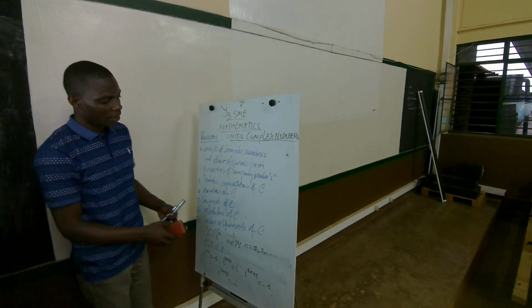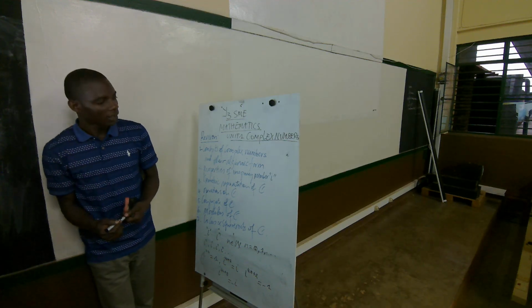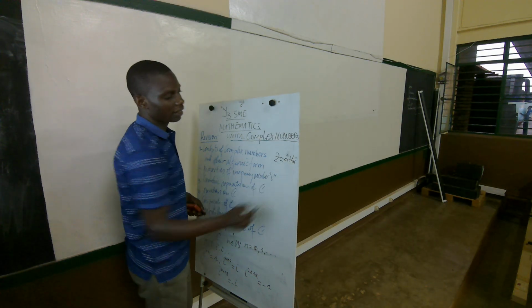Another thing is the geometric representation of the complex number. Our complex number z is equal to a plus bi.